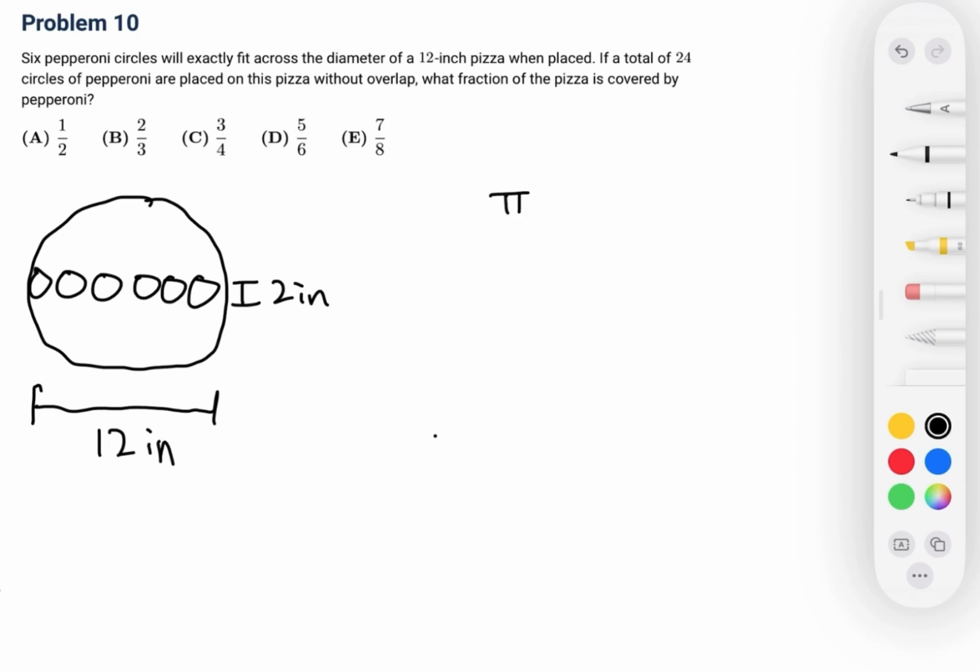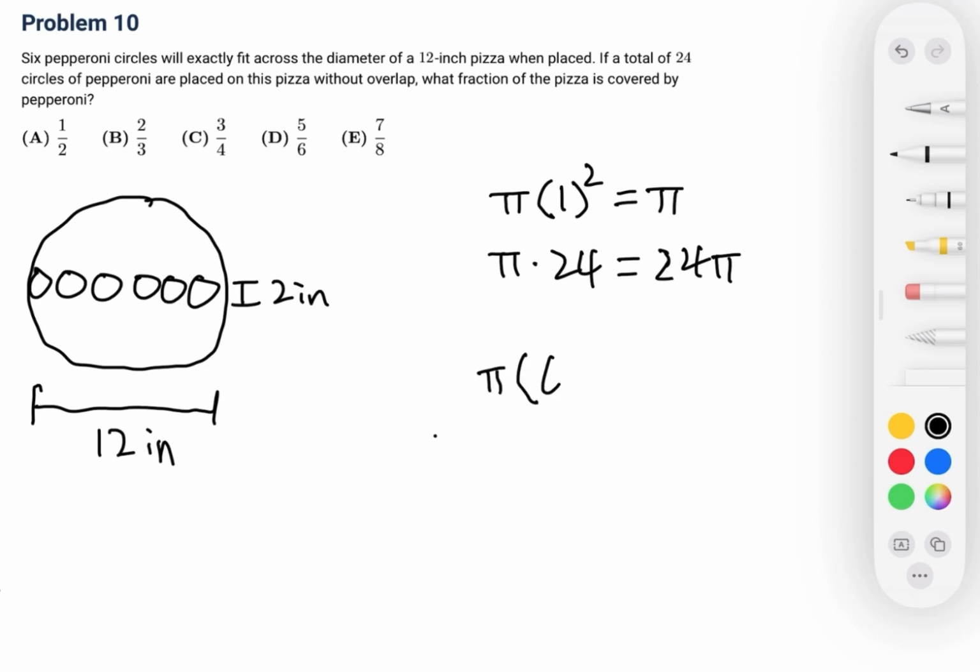So the area of each pepperoni would be pi times the radius, which is 1, squared, which gives us pi. Multiplying this by 24, we get that 24 pepperoni slices is equal to 24 pi. Then, finding the area of the pizza, it will be pi times the radius, which is 6, squared.